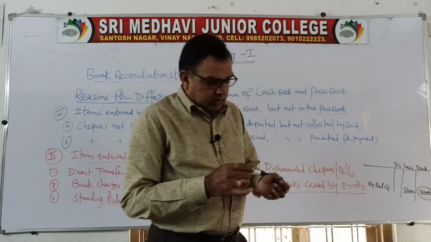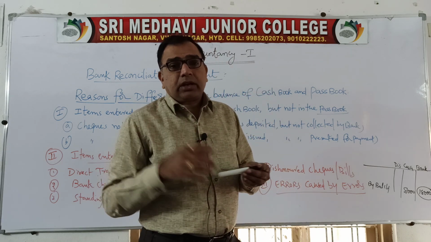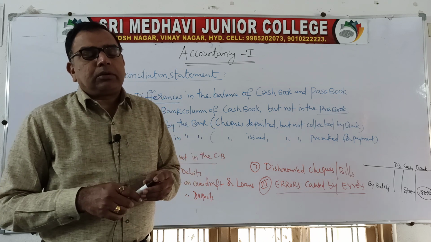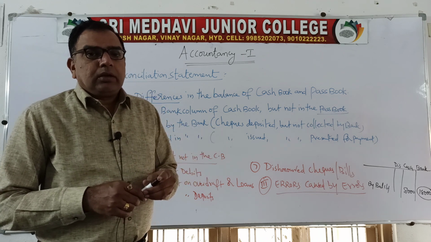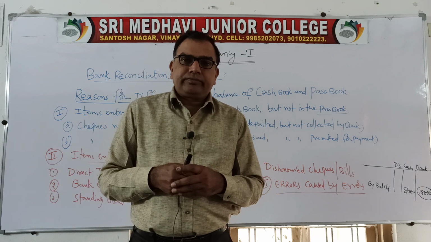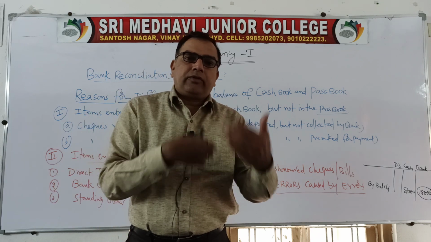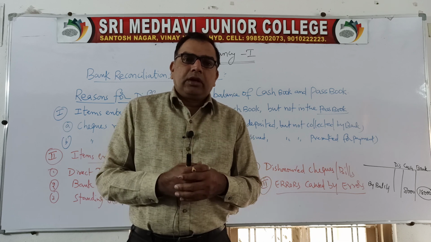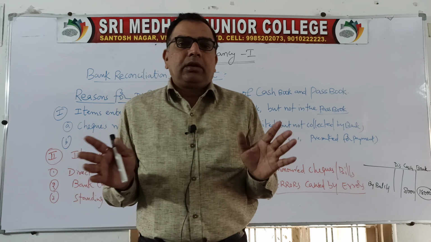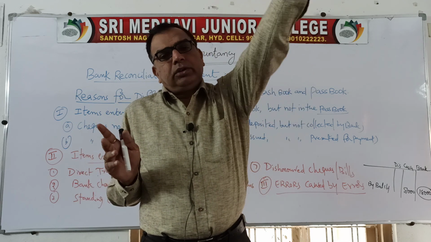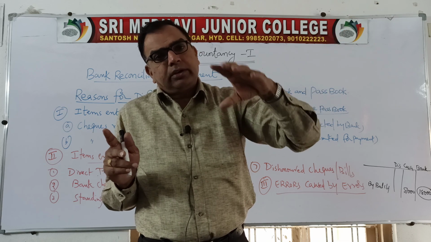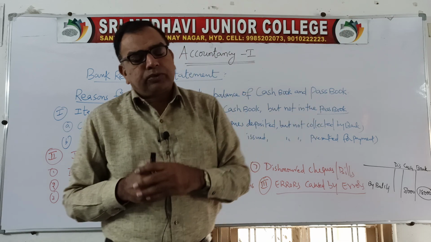Whenever a business organization opens a current account with the bank, frequently we deposit money with the bank and we withdraw. It is a cycle of deposits and withdrawals. For every individual or business organization, it is quite common that when you open a bank account, you will be depositing cash and withdrawing cash as well as checks.